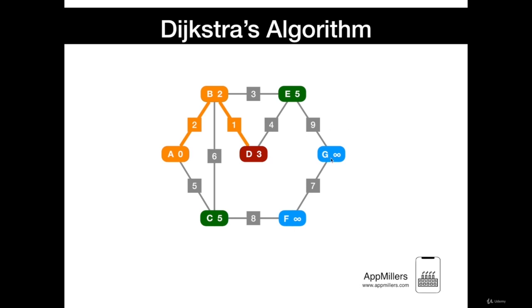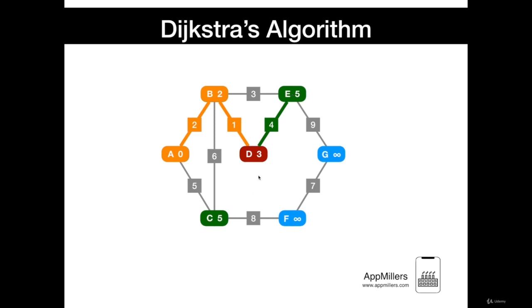From the point D, we have only one path, and the cost for this path is calculated. 3 plus 4 is going to be 7, but we have a current value which is less than 7, so we are not updating it.